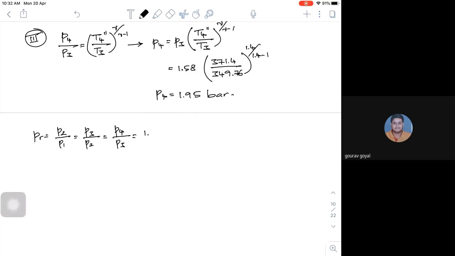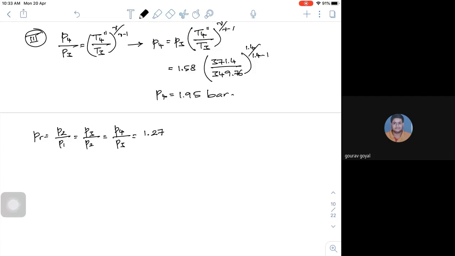Maybe in the second decimal you may get a little less value, so 1.24, 1.25, 1.26. So 1.26 or something is the pressure ratio, because I rounded it up to 1.27. So that's an average kind of thing. Or if you want, you can go with 1.27 also. Doesn't matter. 1.27 is the pressure ratio which we can easily calculate.